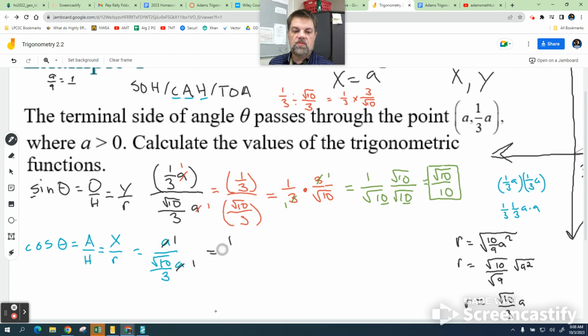So this becomes 1 over the square root of 10 divided by 3. Again, we're dividing by a fraction, so I'm going to say 1, but can I rewrite 1 as 1 over 1? Yeah. So I'm going to say 1 over 1 divided by this fraction is the same as 1 over 1 multiplied by this fraction.